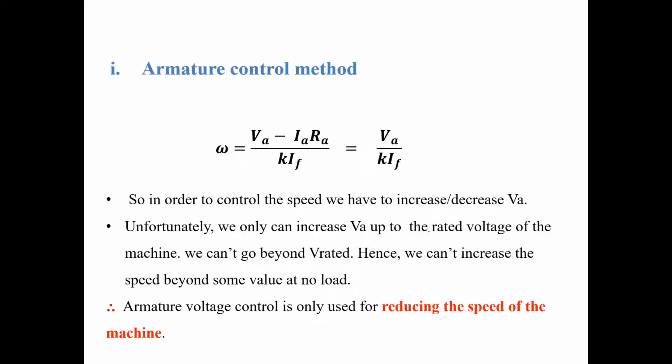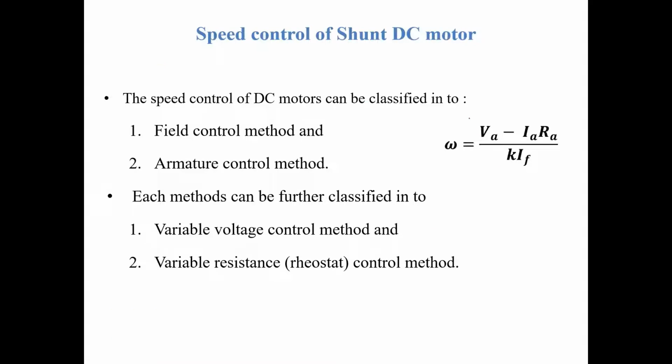So, from the basic equation of speed, speed equals (VA minus IA RA) divided by K IF, you can observe that it depends on the armature parameters as well as the field parameters. So we can control the speed of the motor by the field control method or the armature control method.